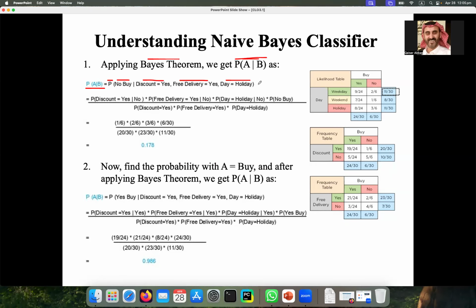Okay, now how can we calculate? When you have multiple given conditions, how can you deal with them? Actually, you have to calculate probability of no buy with the discount equal to yes.